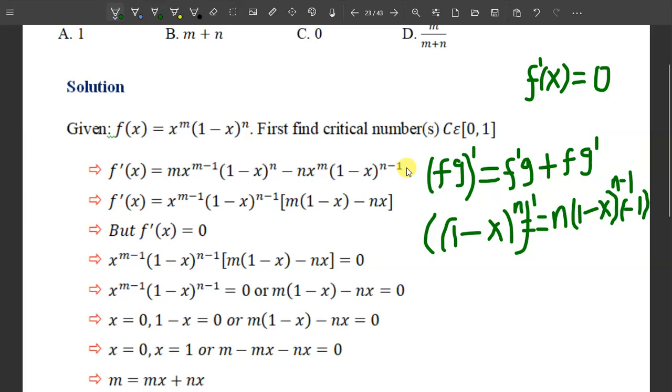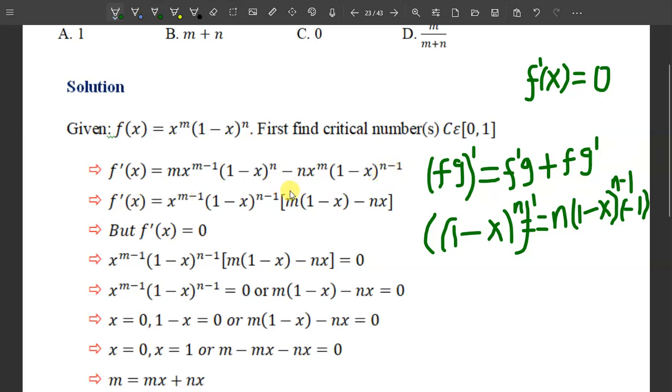Now let us rearrange this one. Common out x to the power of m minus 1 and 1 minus x to the power of n minus 1.